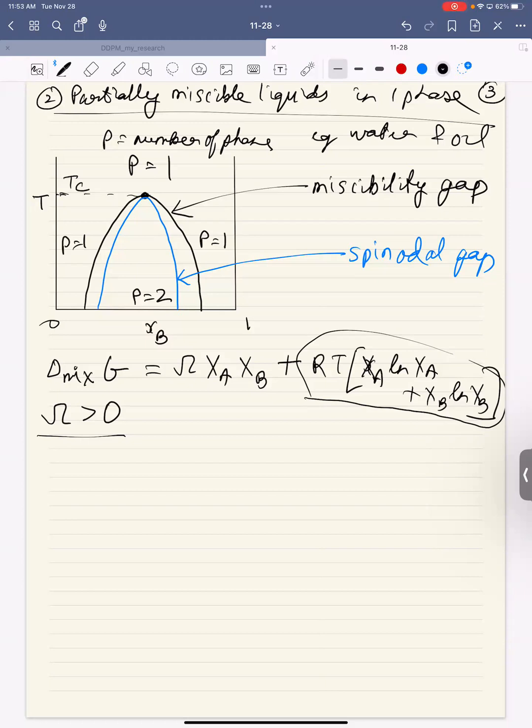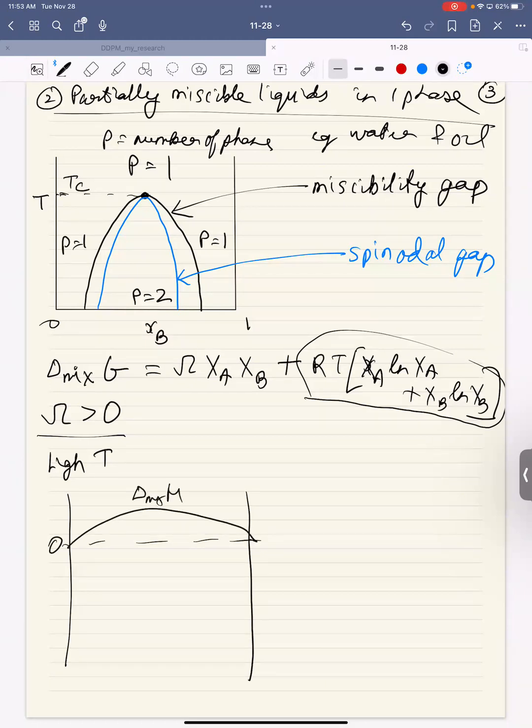So again, for omega positive at high temperature, if you recall, our delta H of mixing was like this, because omega is positive and omega multiplied by XA multiplied by XB is just a parabola, it just goes up. And minus T delta mixing S was negative. And so their overall sum was predominantly negative.